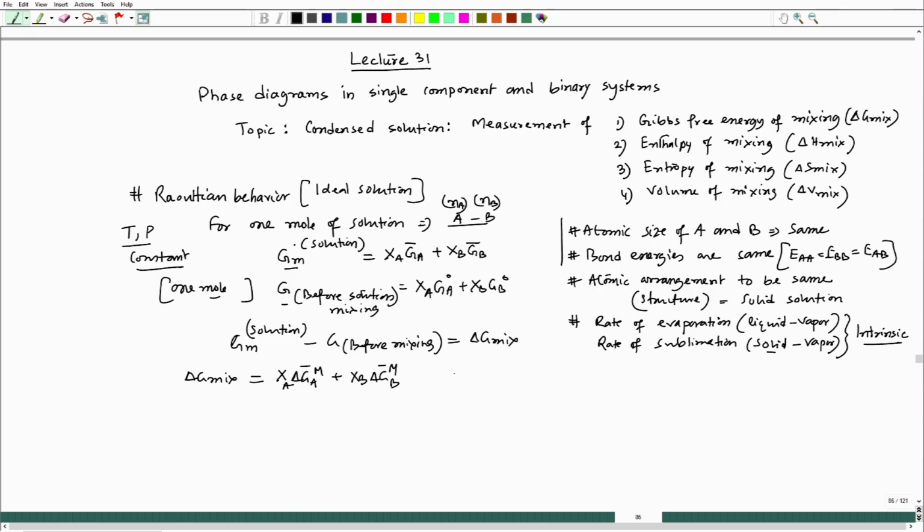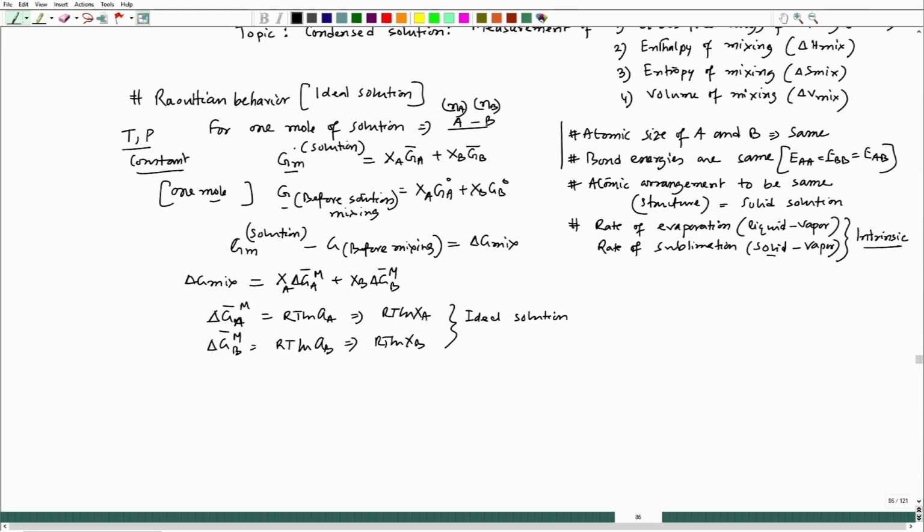Now, if we look at these expressions, I am just writing them: delta G bar mA equals RT ln aA, and it becomes RT ln XA if it is ideal, as well as delta G bar mB equals RT ln aB, which equals RT ln XB when an ideal solution is considered.